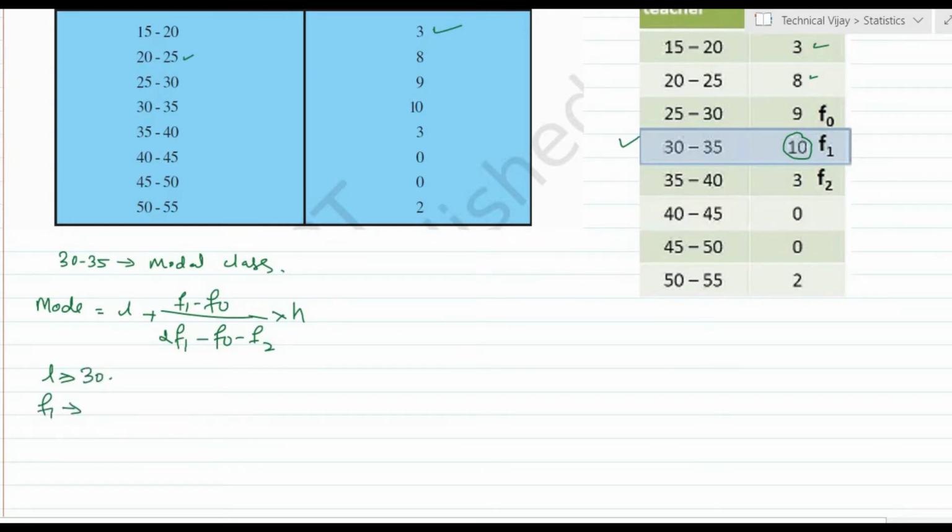F1 is the frequency of the modal class, that is 10. F2 is the frequency after the modal class, that is 3 here. And F0 is the frequency before the modal class, that is 9.